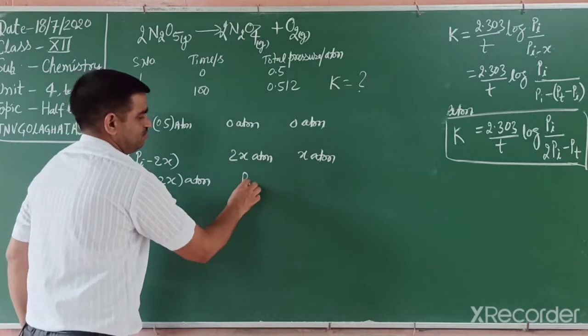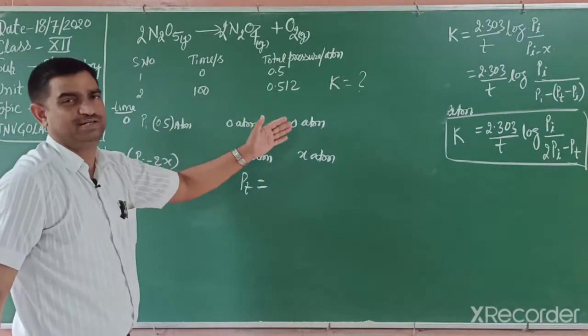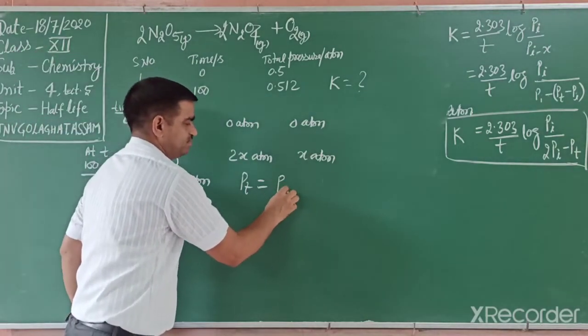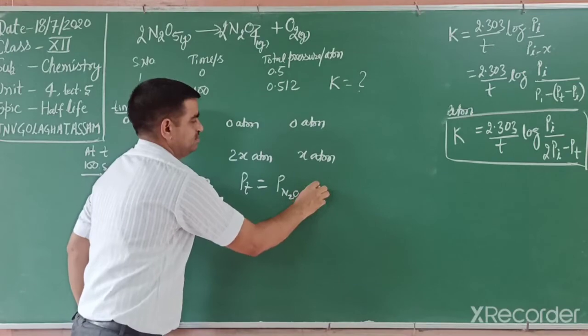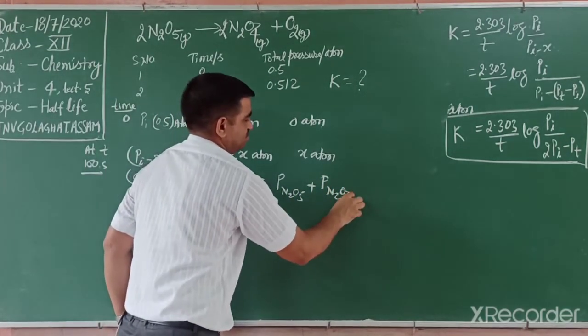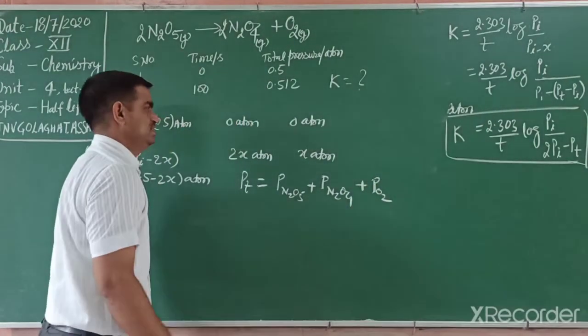We know P total is equal to the sum of all the pressures: the partial pressure of nitrogen pentaoxide plus the partial pressure of N2O4 plus the partial pressure of oxygen, we can combine.